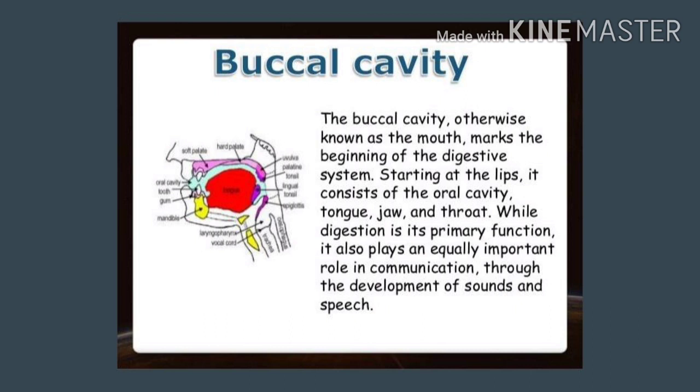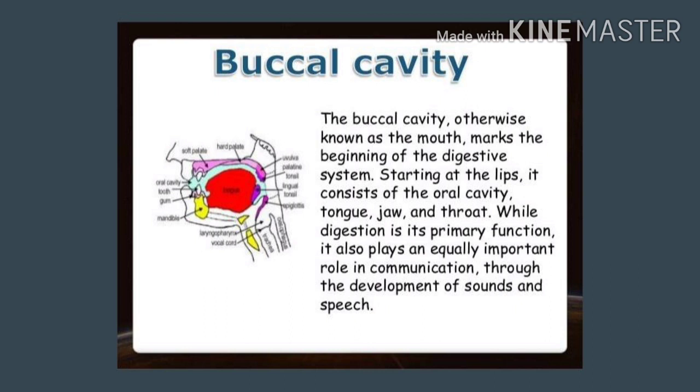Then is your jaw. Your jaw is the portion of your mouth that moves up and down. And then finally comes your throat. Your throat is below your jaw, from where the next organ will be passing through. So all of this consists of the buccal cavity. You can draw this diagram also.